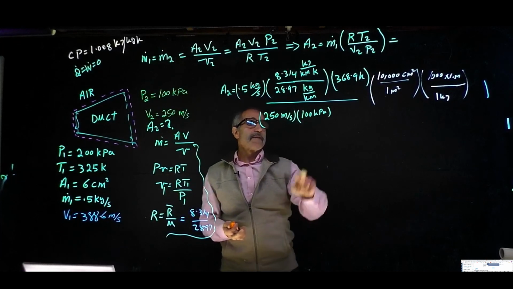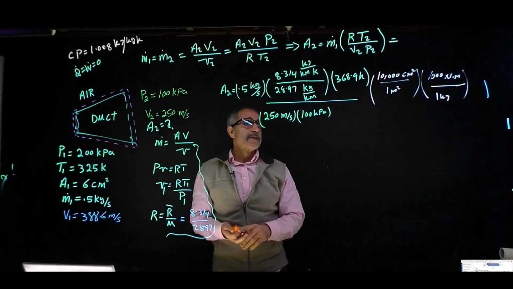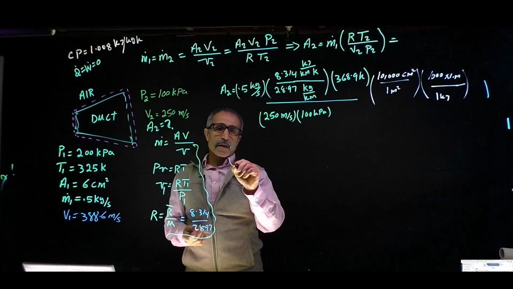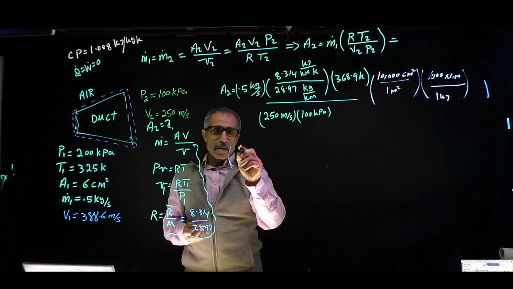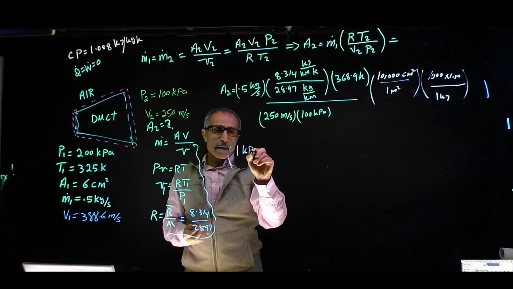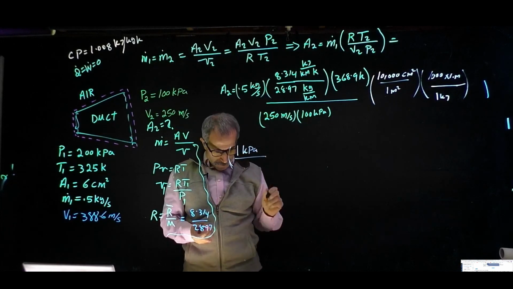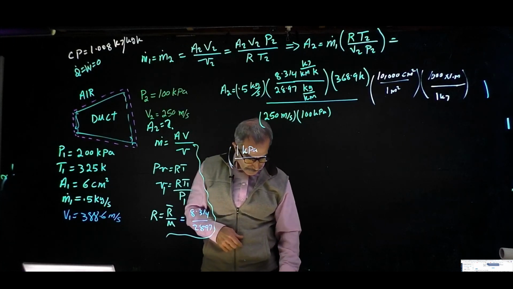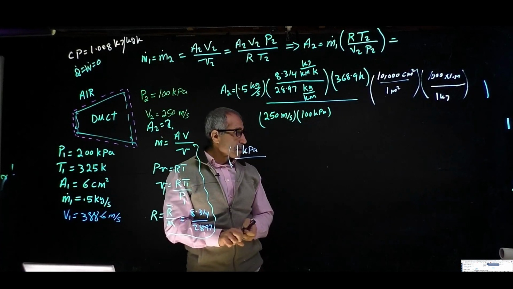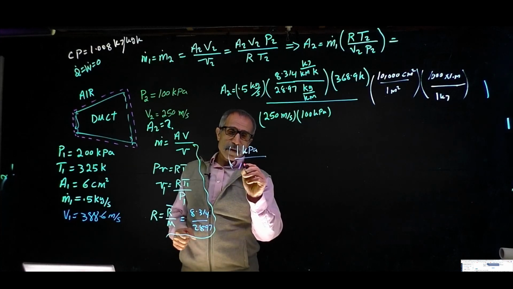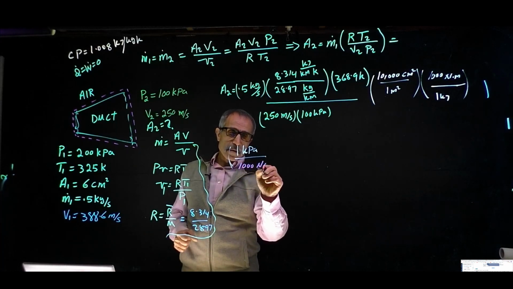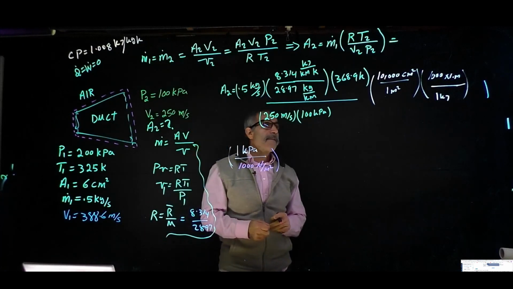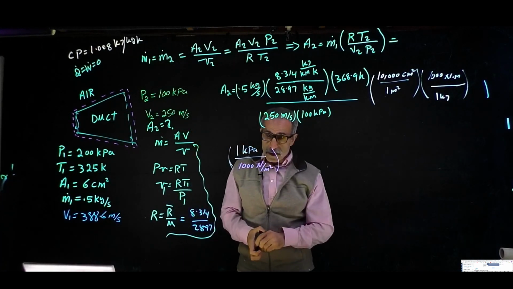Okay, I'm going to continue down here. What else do I have? I've got kilopascal, and I've got to get rid of that, so kilopascal has to be on top. 1 kilopascal is 1,000 Newton per meter squared. Did I leave anything else out? Let me just check and make sure everything is correct.